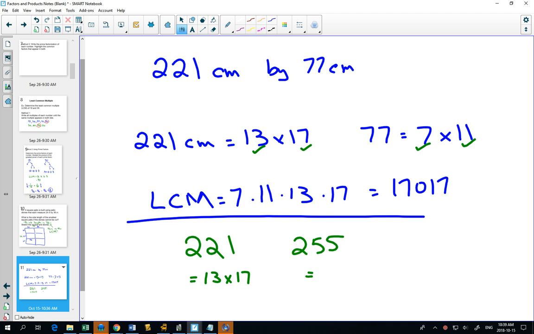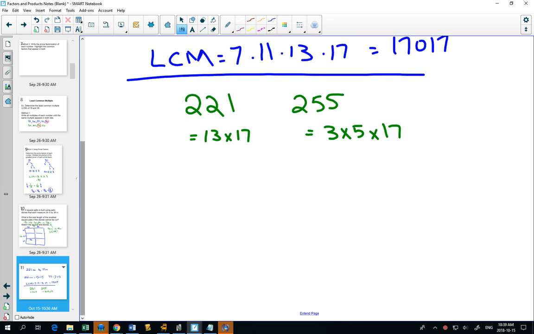And 255, can you see that you could divide that by 5? 5 times 51. 51 is what times what? 3 times 17. So this is 3 times 5 times 17. What's the lowest common multiple here? Not just multiplying them together. Because now my lowest common multiple, what's the first factor I have to include? 3.